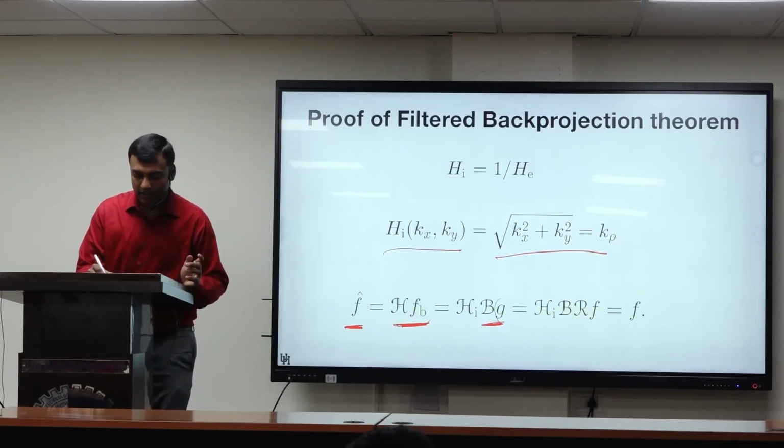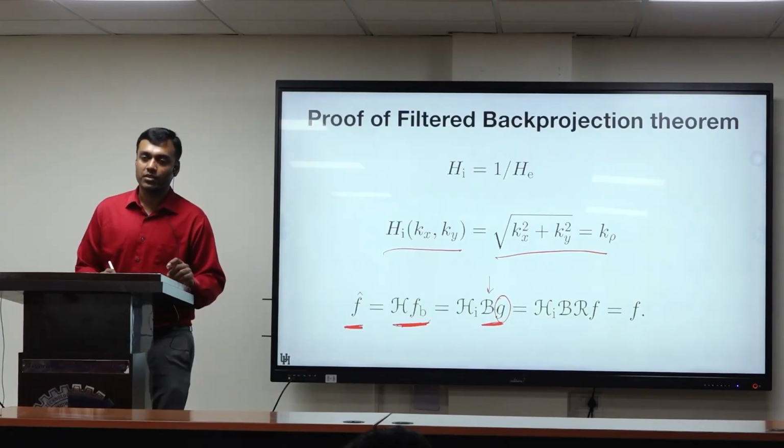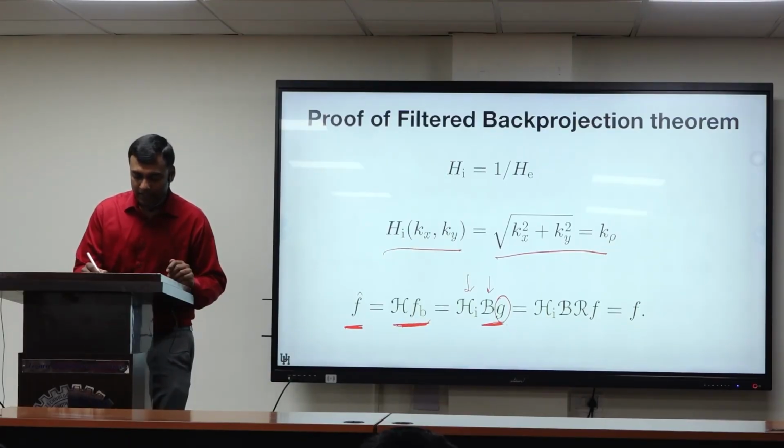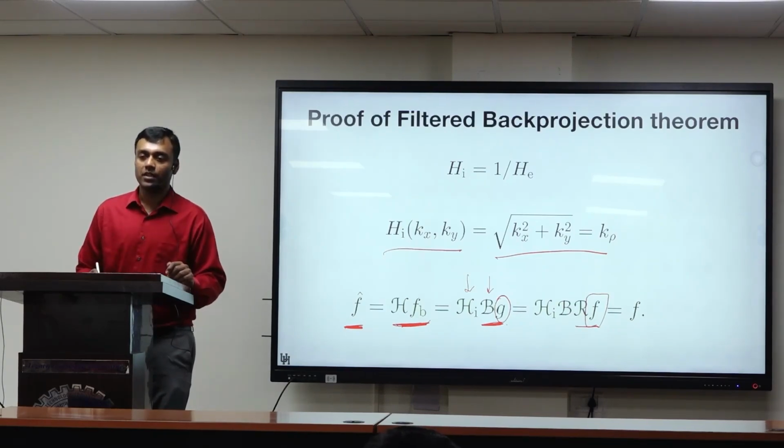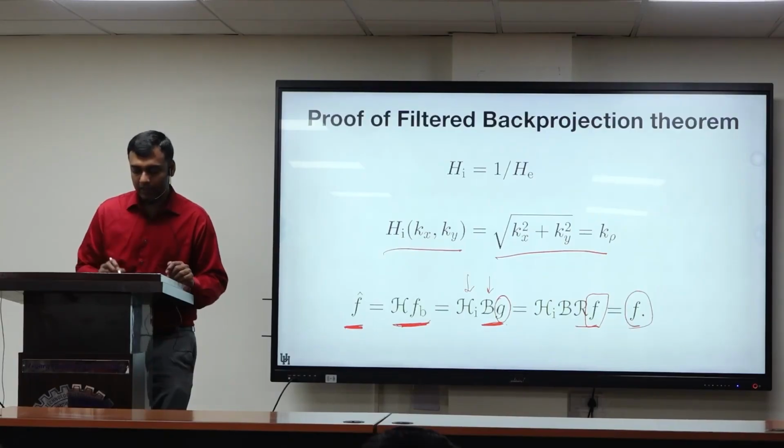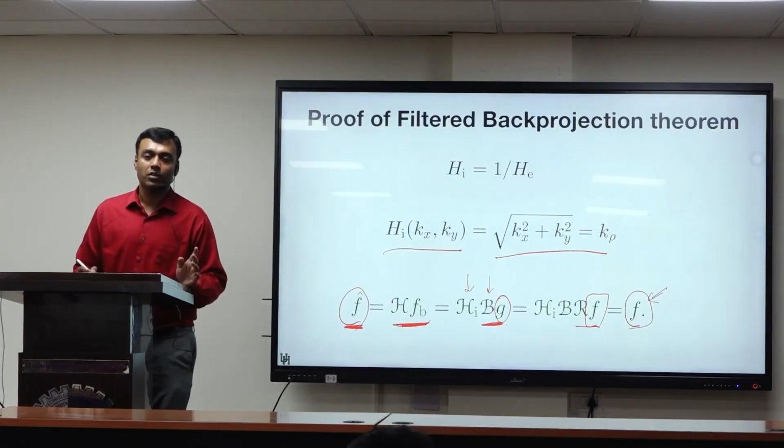So g is the data, B is the back projection transformation, H is the filtering operation. And now the data itself is the radon transform of the original object. Therefore the estimate of the object is the same as the original object.